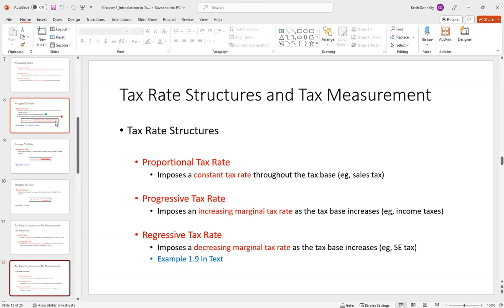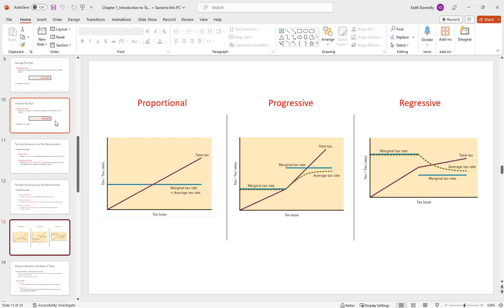Just a bunch of ways to describe taxes. And remember, these aren't mutually exclusive. You can have a graduated tax system that is progressive, and we could be looking at the marginal tax rate in that. So sometimes you may see these items put together in a question. There's a visual, and you can look at that.